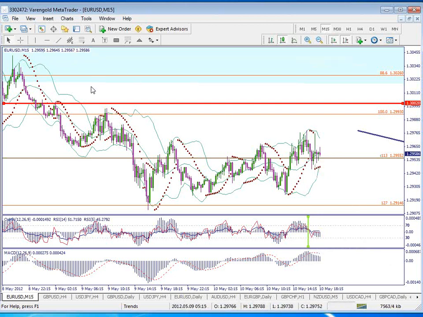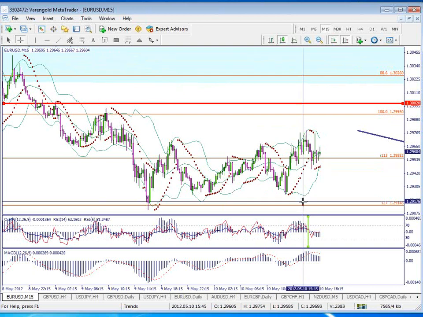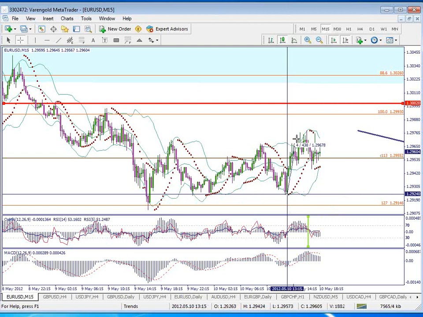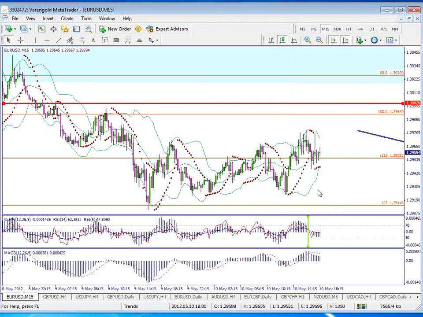If you are looking for signals from CCFX on 15 minutes time frame, you have to look for trades that are maximum about 40 pips, but I think that's smaller, 20 or 30 pips.